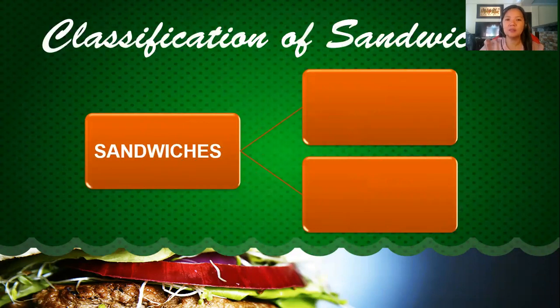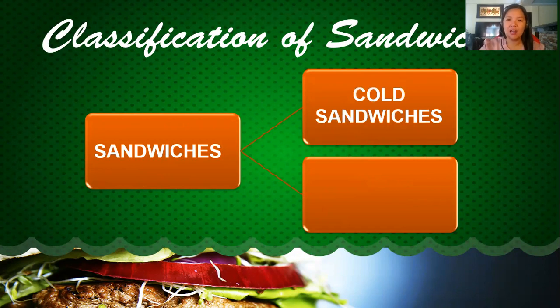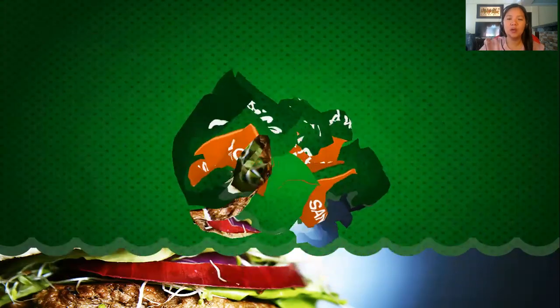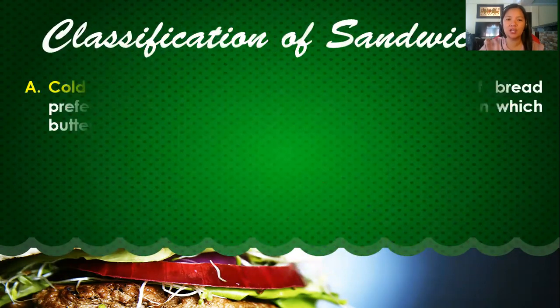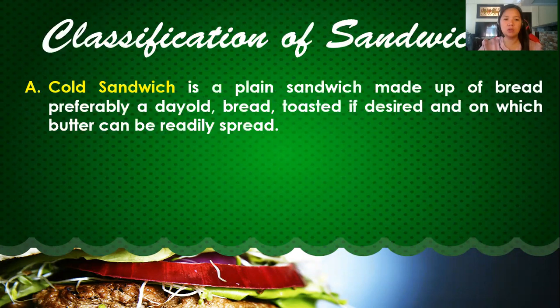There are two classifications of sandwich. The first one is the cold sandwiches, and the other one is the hot sandwiches. So what is a cold sandwich? A cold sandwich is a plain sandwich made up of bread, preferably day-old bread, toasted if desired, on which butter can be readily spread.